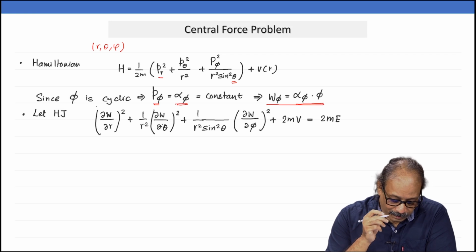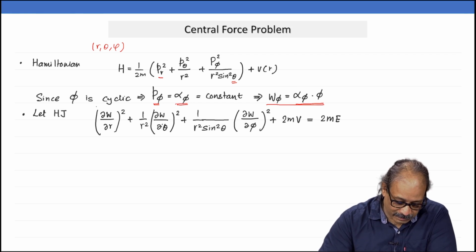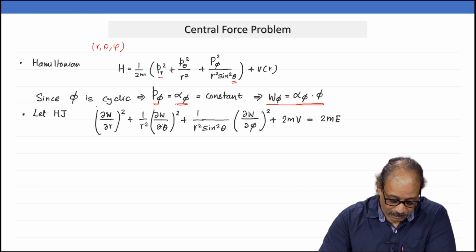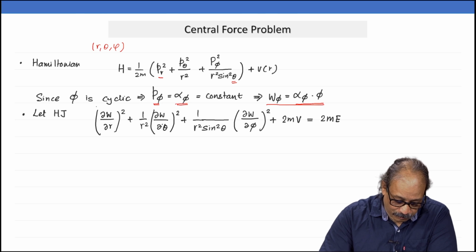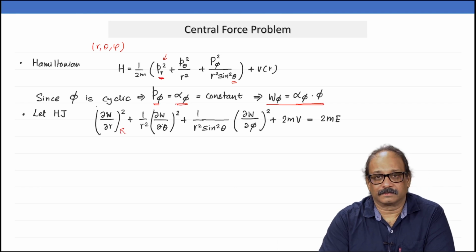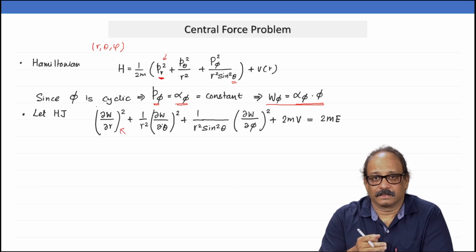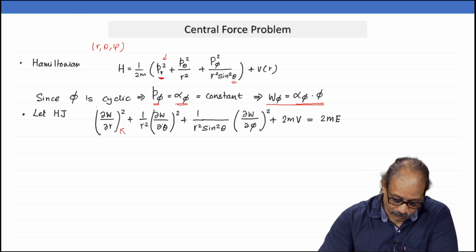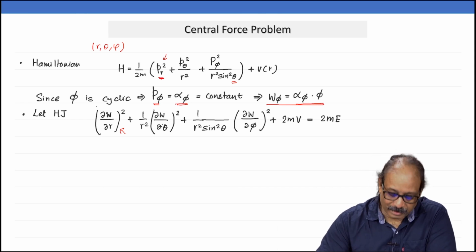Here, what I am going to do is write the HJ equation by putting W first, the full characteristic function. Then substitute Pr by the partial derivative of W with respect to r, same for theta and same for phi. So, the equation now looks like this.